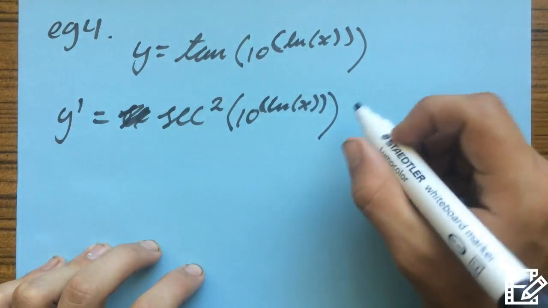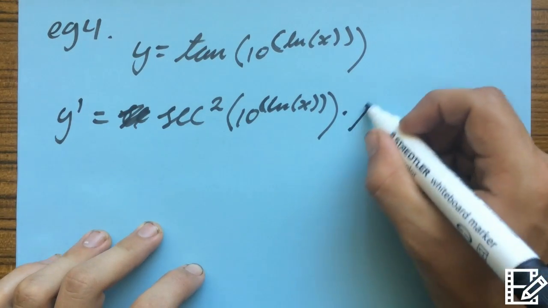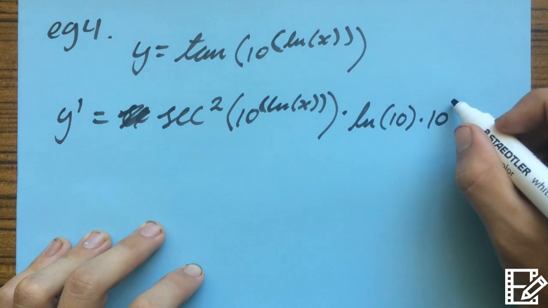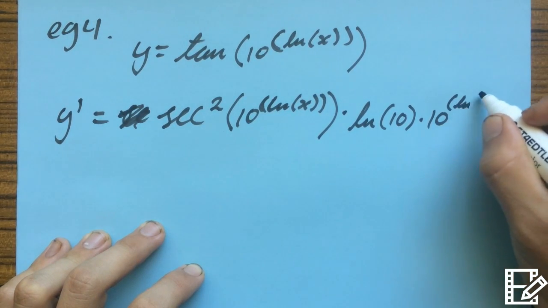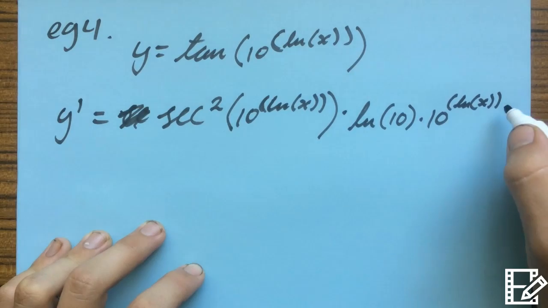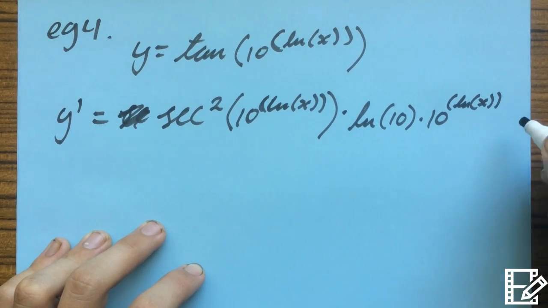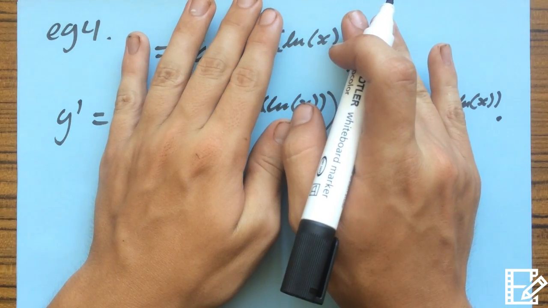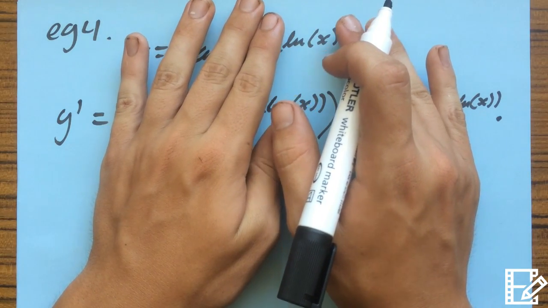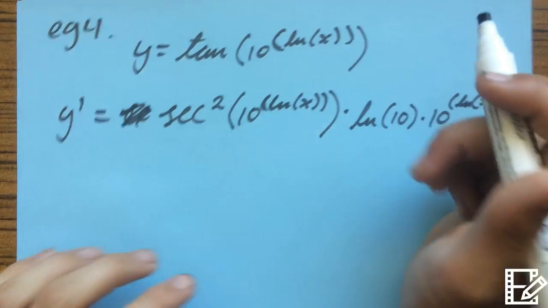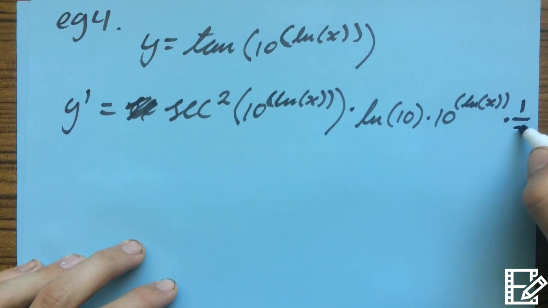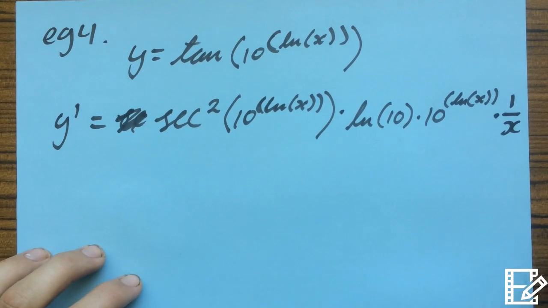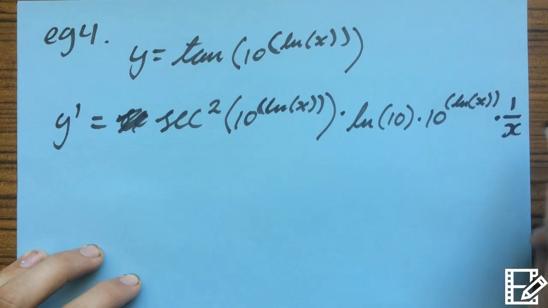We derive the outside, so that would be ln 10 multiplied by 10 to the power of ln x. And then we multiply that again by the derivative of the innermost function. Derivative of ln of x is just 1 over x. I have a video on natural logarithms and derivatives if you want to check that out, but that's it really.